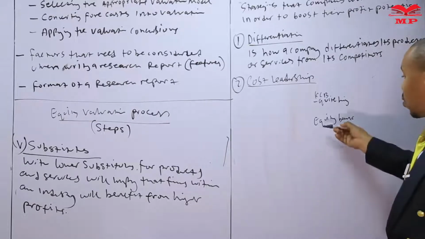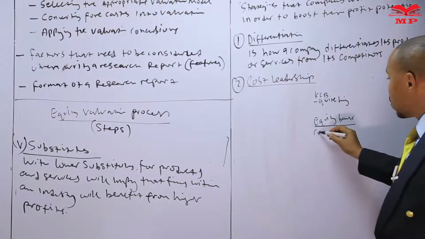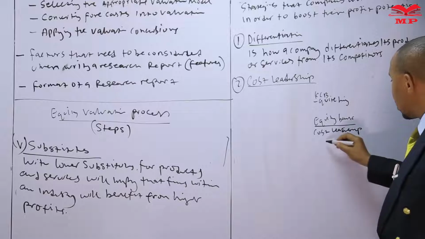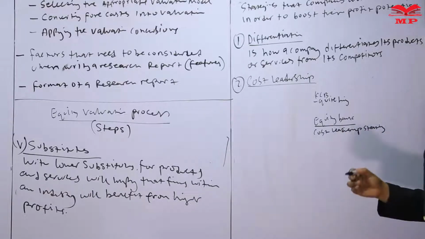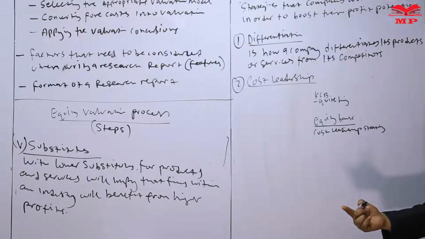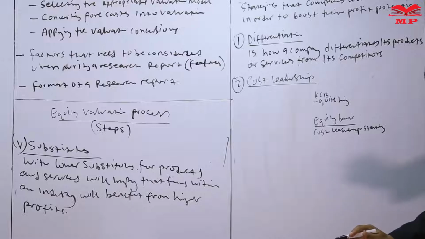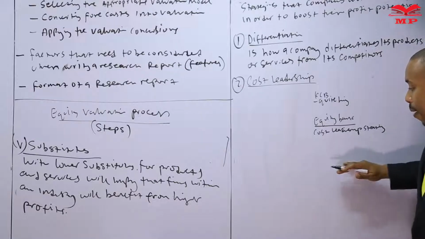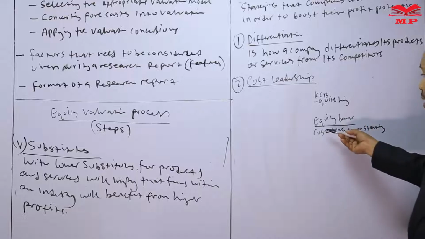Why? Because Equity Bank has come up with a cost leadership strategy that provides financial services to the middle and lower income earning population, or people who live slightly above or slightly below the poverty line.